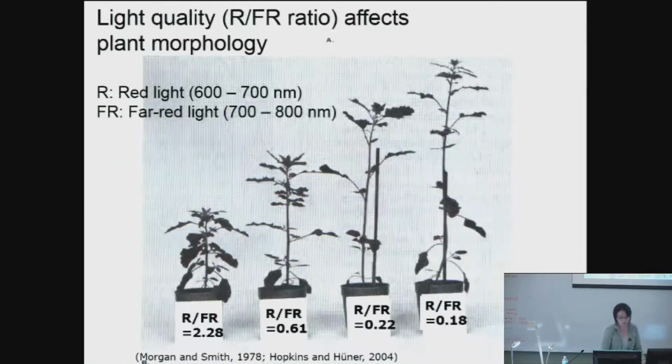This is another old literature, but it's a textbook picture showing how plants respond to red and infrared. High red relative to infrared makes the plants shorter. So the internode length, the length between the two adjacent leaves, is getting shorter and shorter and shorter. So as a result, very small, compact plants.